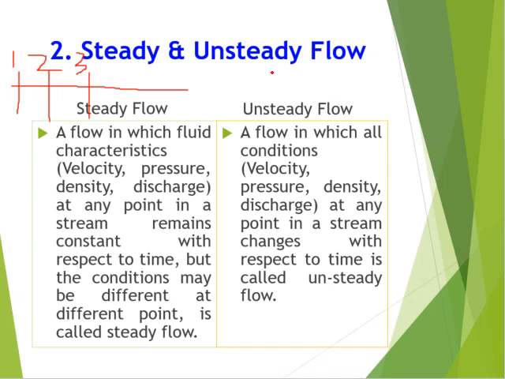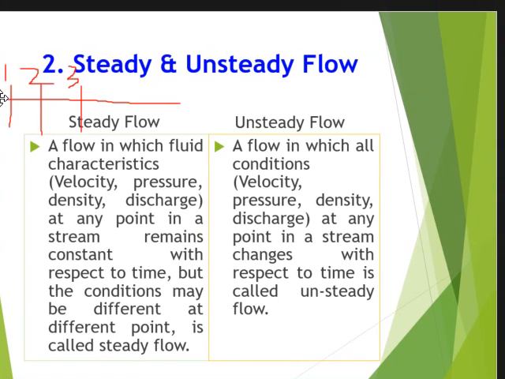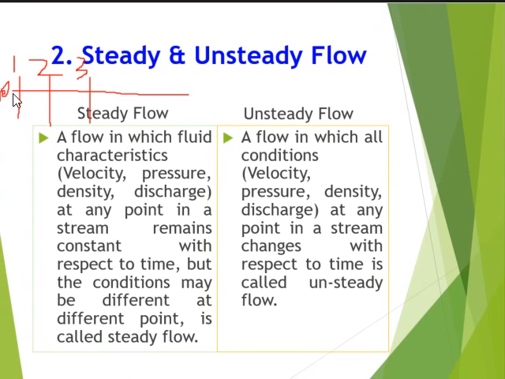And what is the example of unsteady flow? An unsteady flow example is the flow in a pipe whose valve is being opened or closed gradually. So if this is a pipe and there is a valve at the start, which you open or close gradually, then the flow conditions like discharge or velocity, etc., will change at this point.